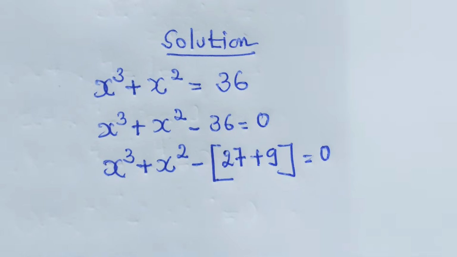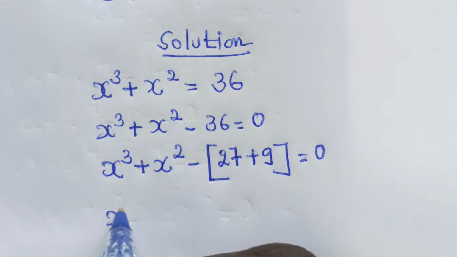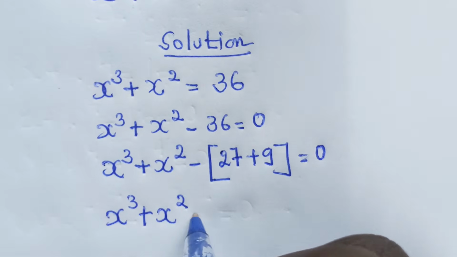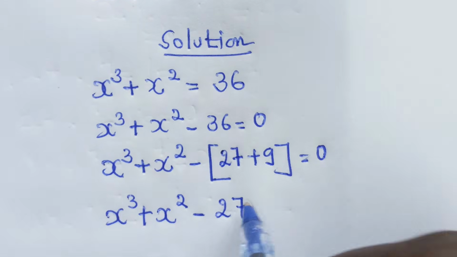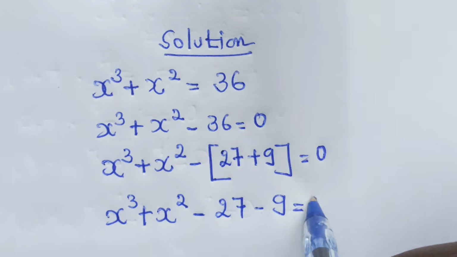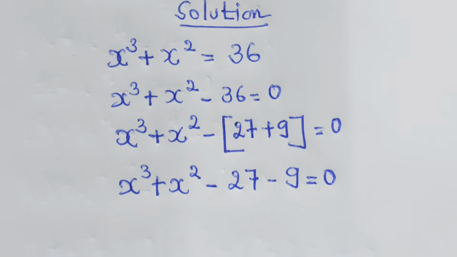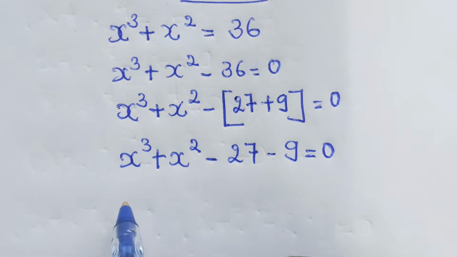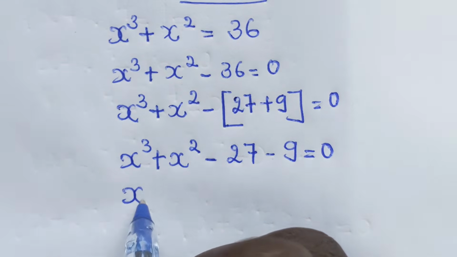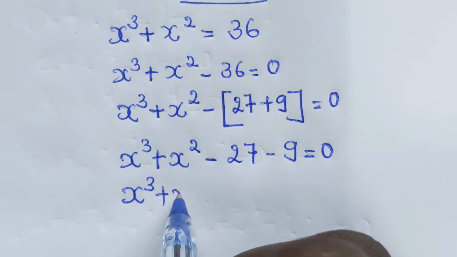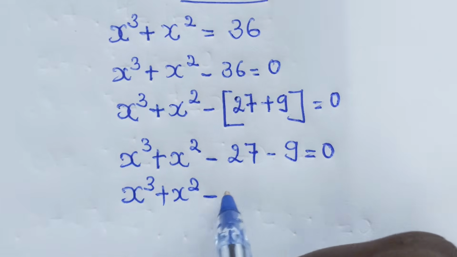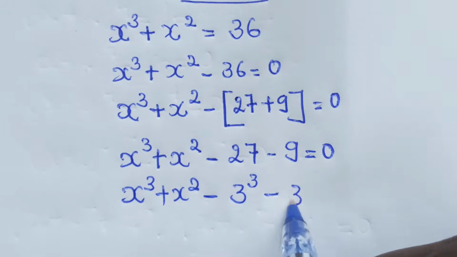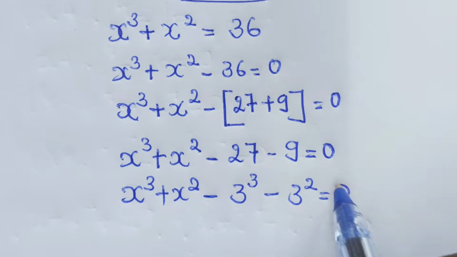So x^3 + x^2 - 27 - 9 will be 0. We shall group like terms, but first we write x^3 + x^2 - 3^3 - 3^2 = 0.